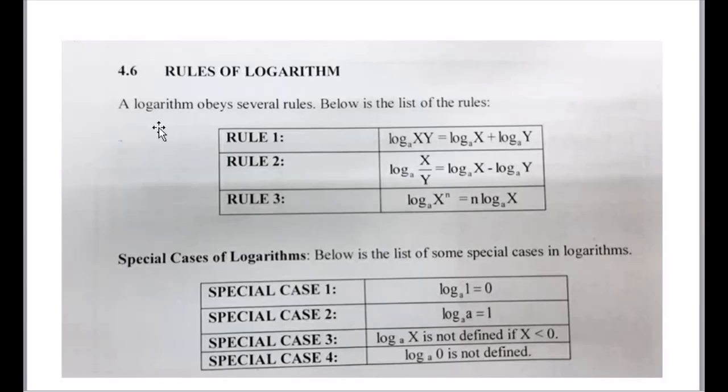So now we will try some questions where we will apply rule number 2. Let's look at rule number 2. When we have log base e x over y, it equals log base e x minus log base e y.